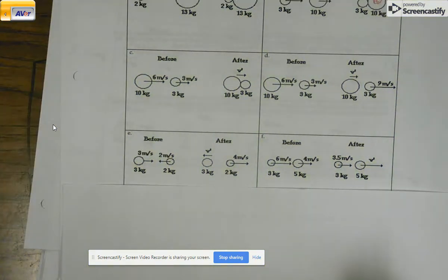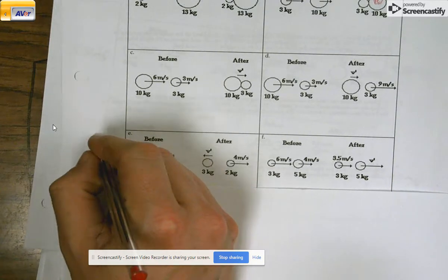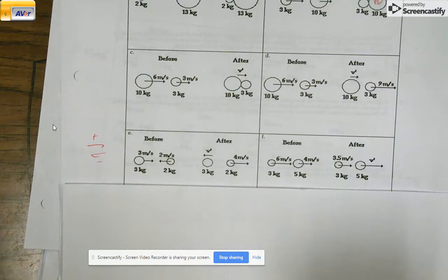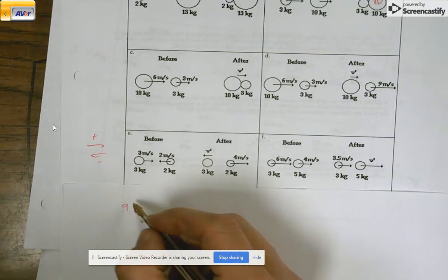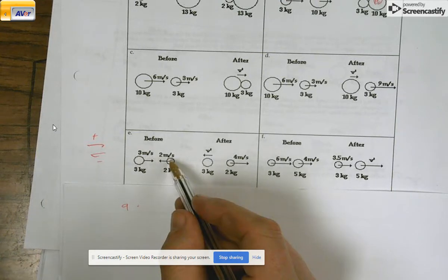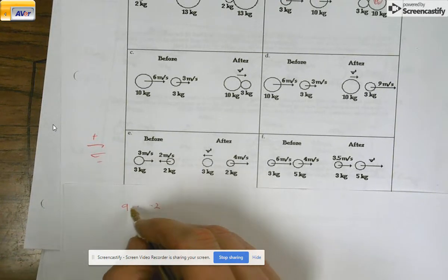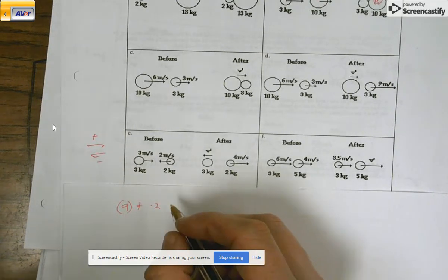Remembering that right is positive while left is negative, basically what I'm going to have is 3 times 3, which is 9, times negative 2. Okay, so 9, plus the other one.